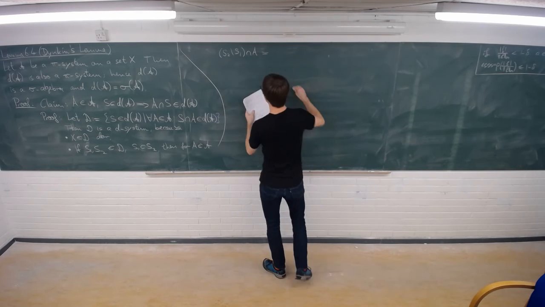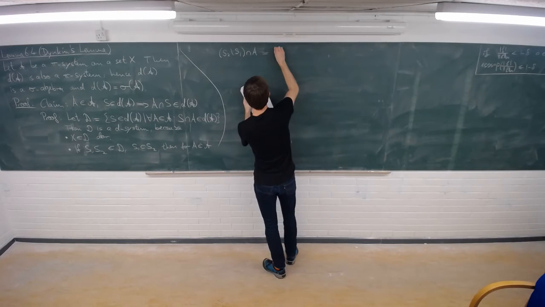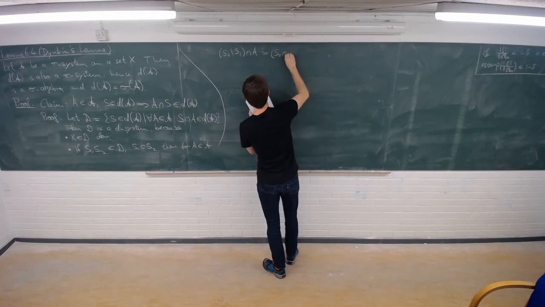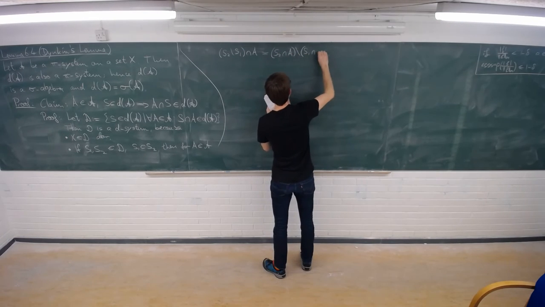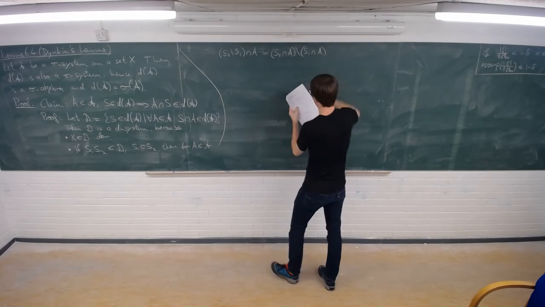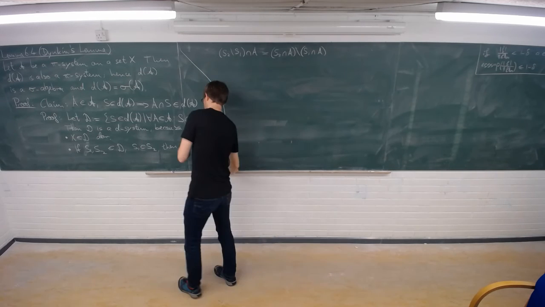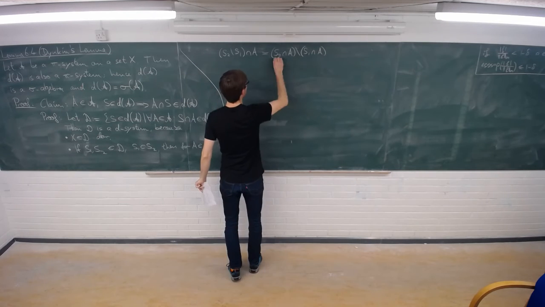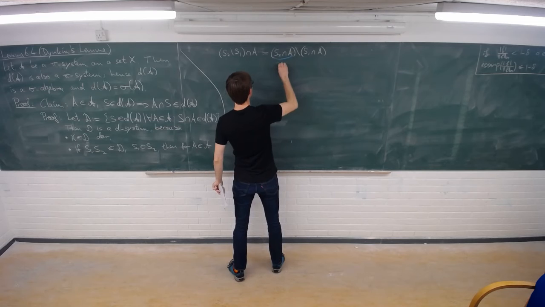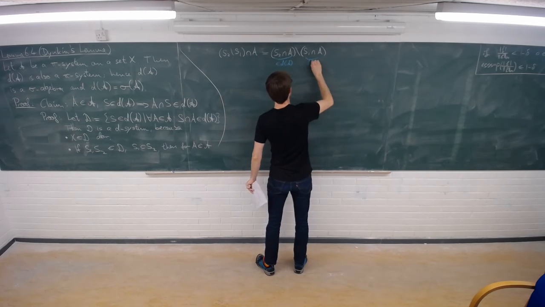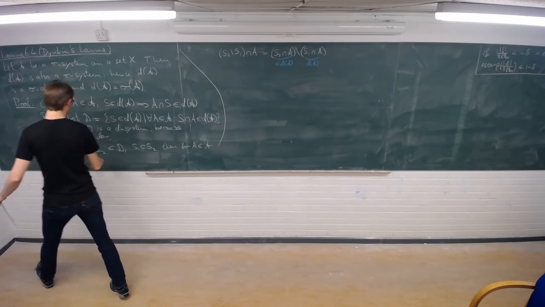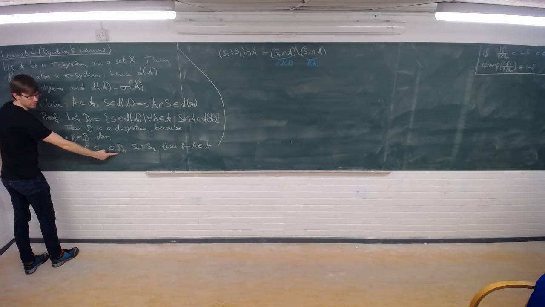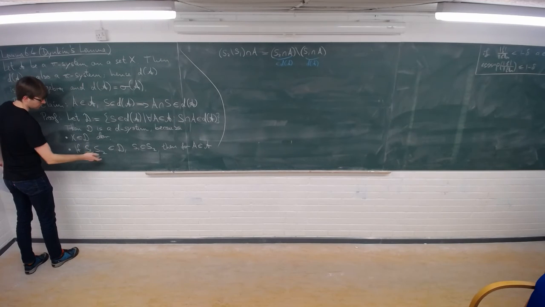Okay, so this is the same as S2 cap A minus S1 cap A, and now this is in D(𝒜), and this is in D(𝒜), because S1 and S2 were in D by assumption.